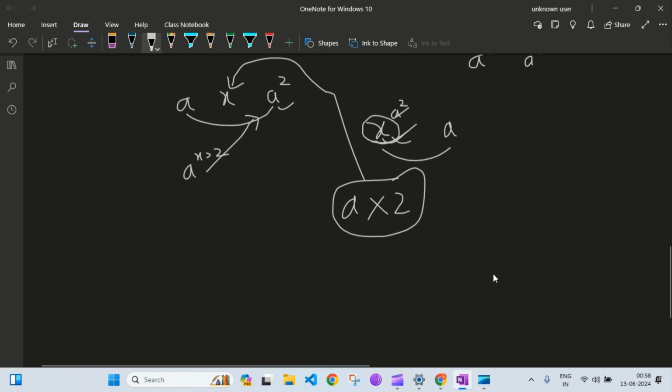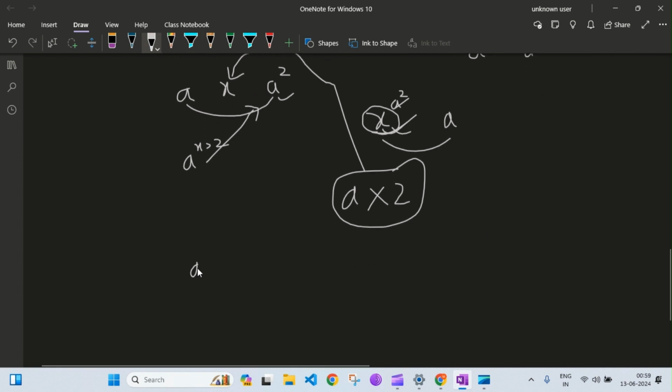right? So the first number will be a, then the second number we can take 2a, and the third number we can take a square, right? So that's the main idea. Now, if you see this, 2a to the power a square is definitely divisible by a, because 2a, whatever power we put on it that is greater than 0, we will get a number which is divisible by a, right?